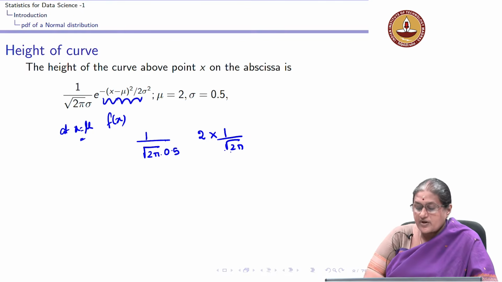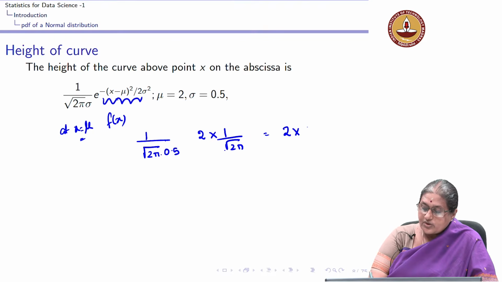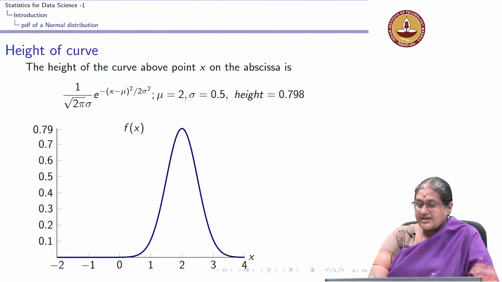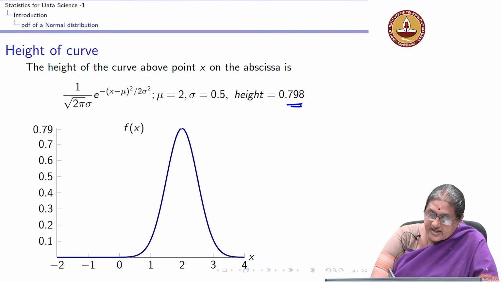So, twice of 0.399 is going to be close to 0.78, and I can see its height is about 0.79 when sigma equal to half.